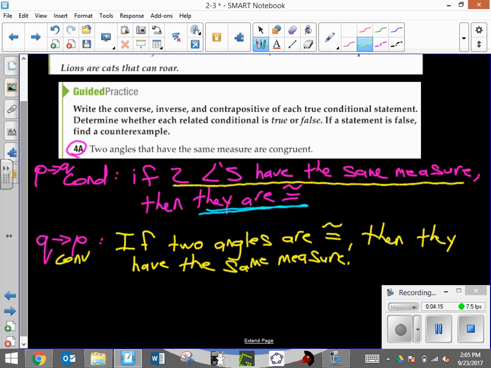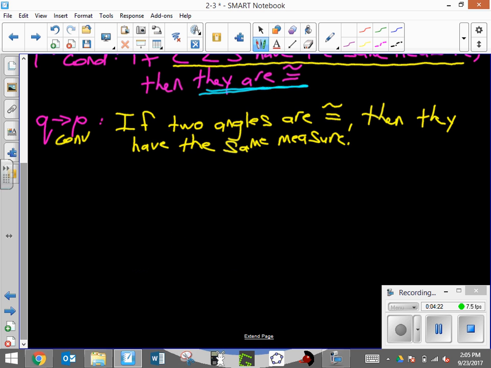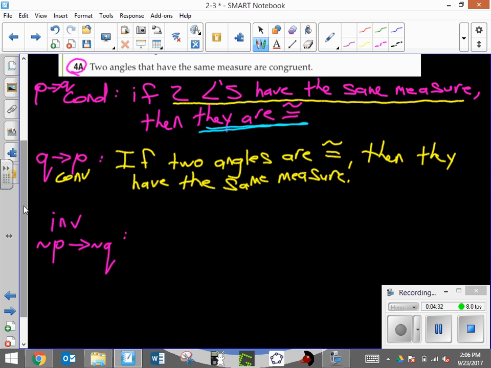I'll label that here for us. It's a converse. The next one that we're going to write, we're going to call it the inverse. And our inverse is in the form, I'll get this written down here, if not P, then not Q. So we're going to go right back up to the conditional. That's what we're relating it to.